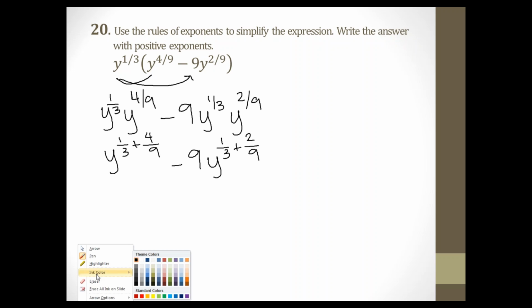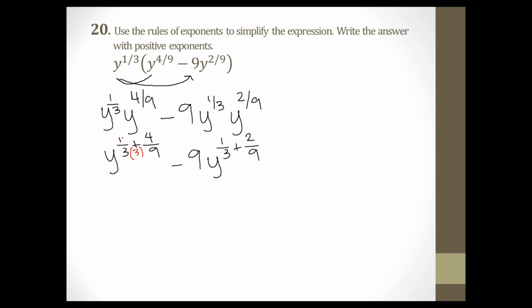Okay, so we need to get common denominators when we are adding or subtracting fractions. So I can change this 3 to a 9 and use 9 as my common denominator. So if I multiply the bottom by 3, I want to multiply the top by 3. And then the same thing with my second fraction addition. Multiply the bottom by 3 and then the top by 3.